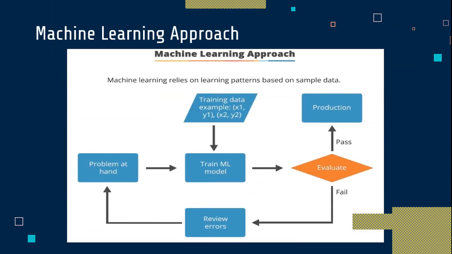In machine learning, this is a very interesting thing. You have to give some data at the time of training the model. That is called training data. This training data is given to the ML model, whatever model you have selected.